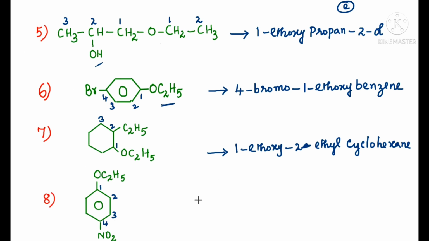How to write the name? We'll give importance to the ethoxy group. So 1-ethoxy, 4-nitro benzene. That is the parent compound, the parent benzene. Understood, students?